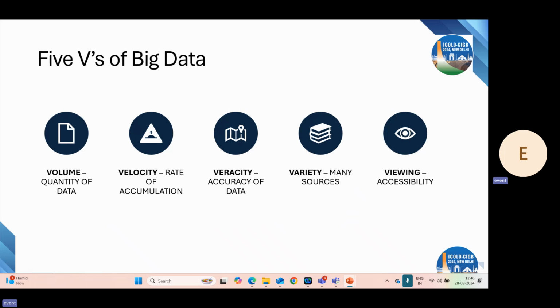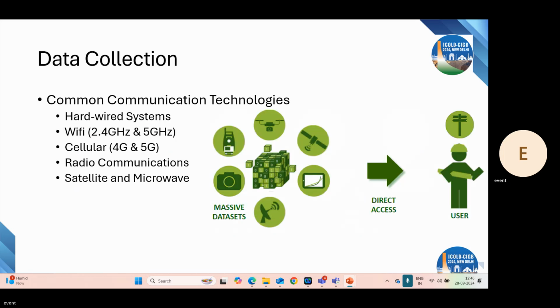Then the variety, like many sources. Again, it was discussed in the previous panel discussion that we need to have redundancy, not just with the data that we already have, but also with the different types of instruments that we integrate within the same area. So we have redundancy in different instrument types as well. And viewing, that is the accessibility part of the whole chapter.